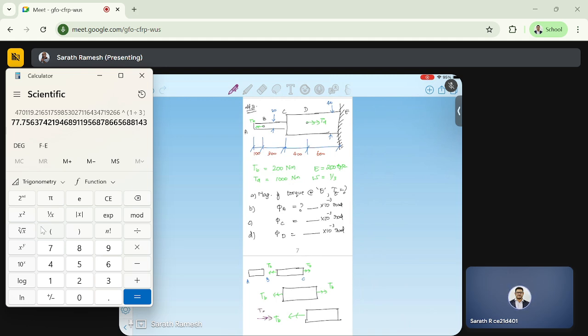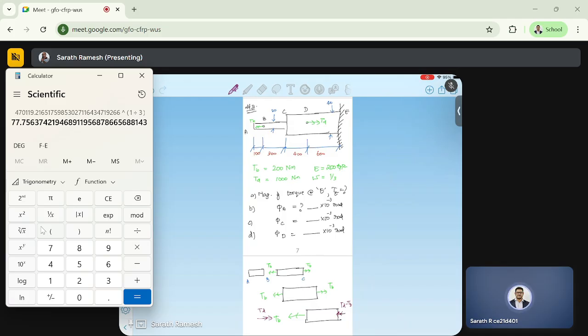Just TD. Okay. So at E, what will be my net torque? My net torque, if I assume TD to be positive, will be TD minus TB. Right.